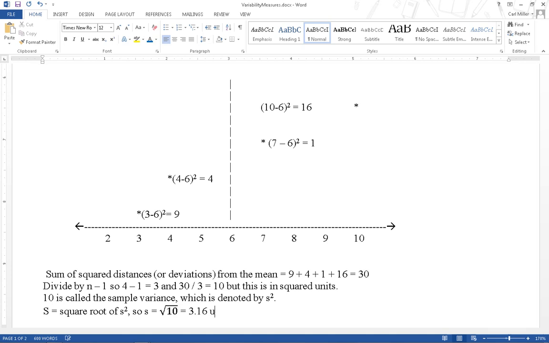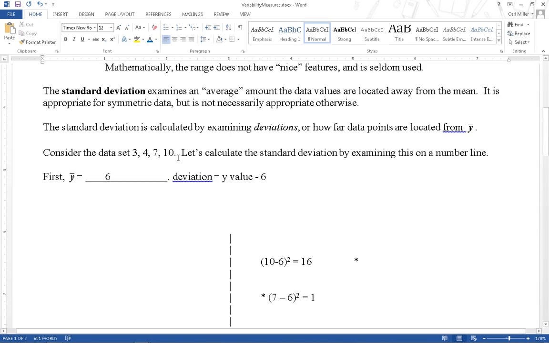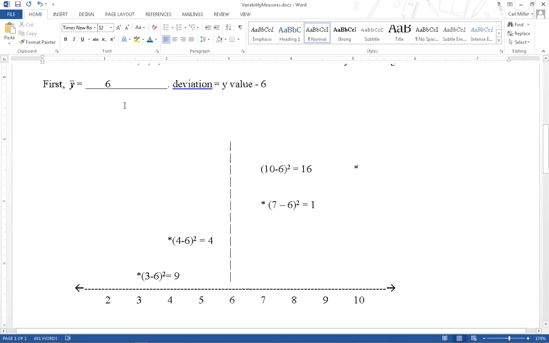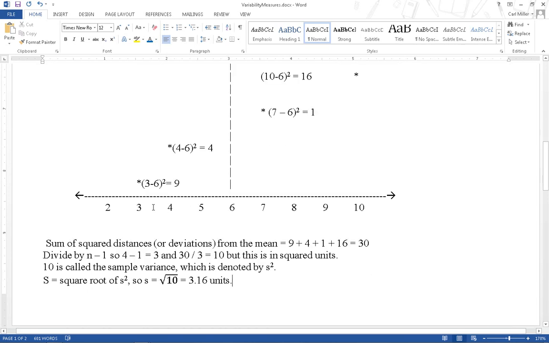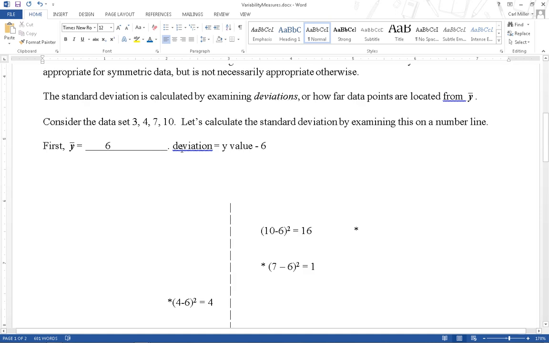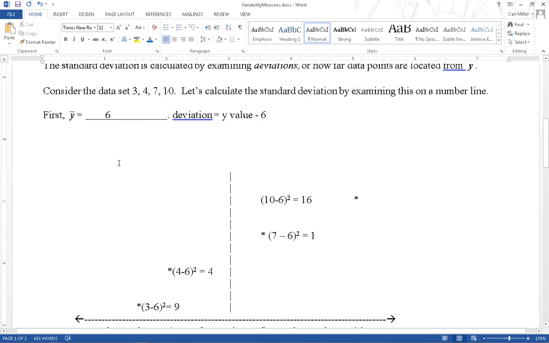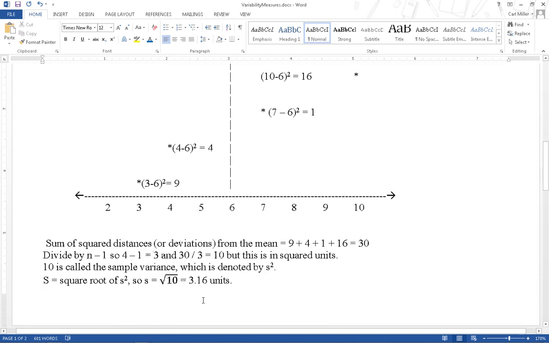and then that would be in whatever the units of measurement would be. So if I'm looking at amount of money in dollars that 4 people had in their pockets, well, the mean was $6 with a standard deviation of $3.16. Or if this was miles away from campus where you ate lunch on a certain day, well, the mean was 6 miles and the standard deviation was 3.16 miles.